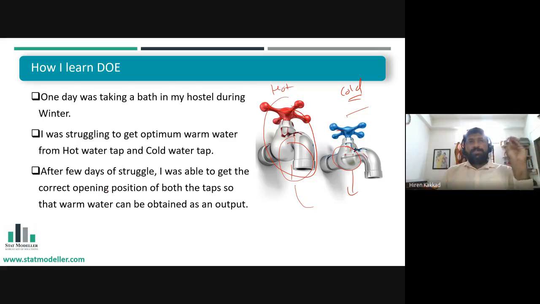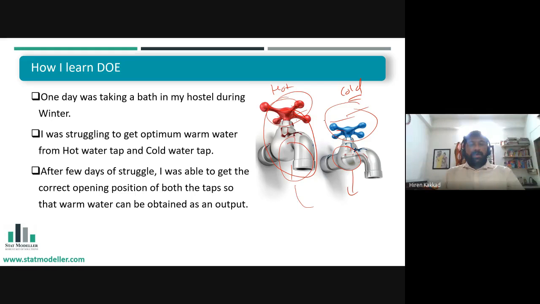After a few days of struggle, I was able to get the correct opening positions: how much to open this one, how much to open that one, right? So I got that position and just repeated it: the hot water tap opened only this much, and the cold water tap only this much. And then I immediately got whatever warm water I needed to take a bath.